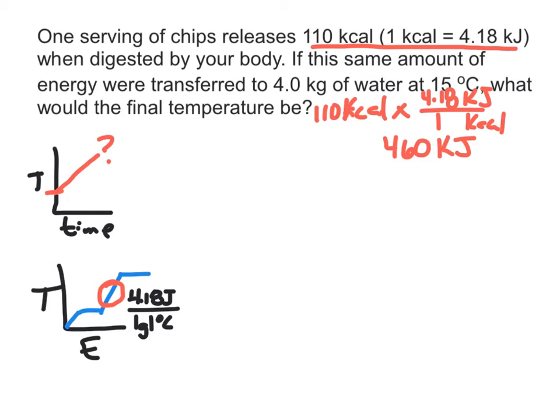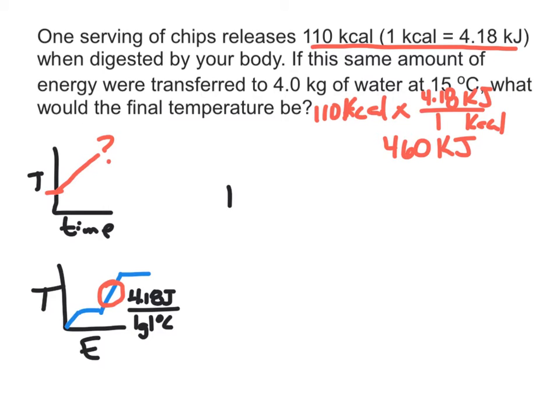Now there is a formula to calculate all this stuff, but we're going to work our way through it just by using what we know as a for-every statement. For every 4.18 joules of energy in that stage right there, it increases 1 gram by 1 degree Celsius. Well, we want to know the final temperature, which is the degrees Celsius. So what I'm going to do is rearrange this and flip that over so that I have the degrees Celsius on the top.